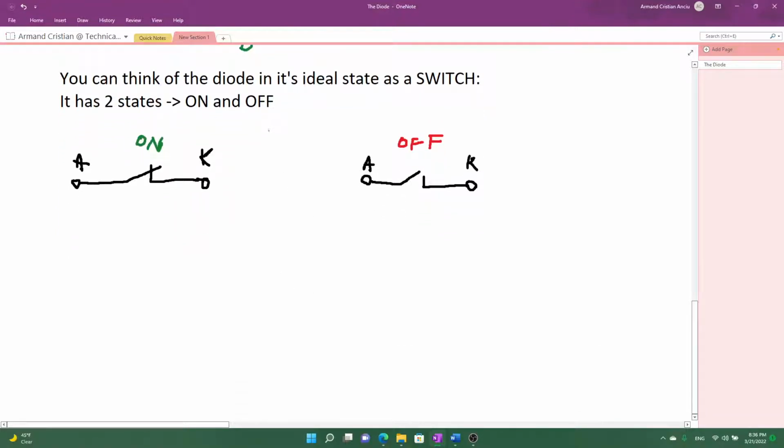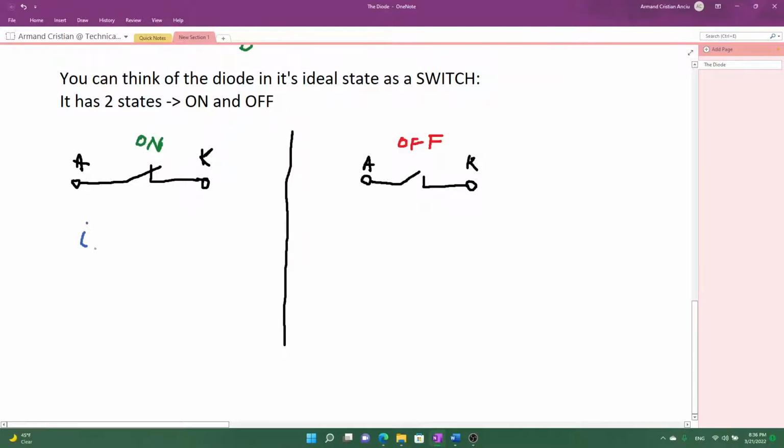Okay, so let's go a little deeper into this and see what happens in each case in terms of current and voltage. Whenever we consider the diode to be on, we think of there being a current going through the diode.